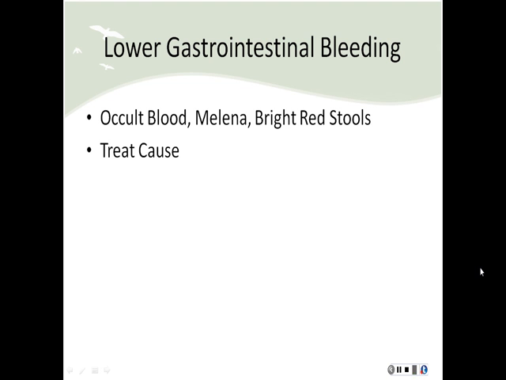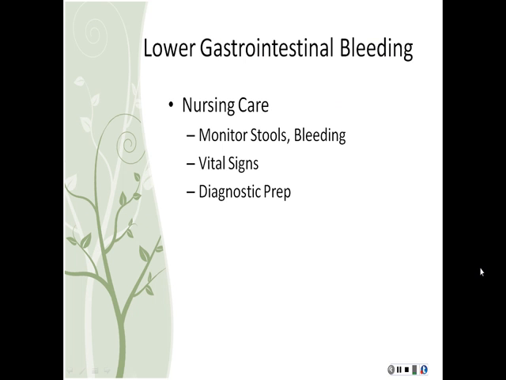Like with any blood loss, if it's significant enough, it can cause signs and symptoms of hypovolemia, like hypotension, tachycardia, lightheadedness, and diaphoresis. And then treatment involves treating or correcting the underlying cause.